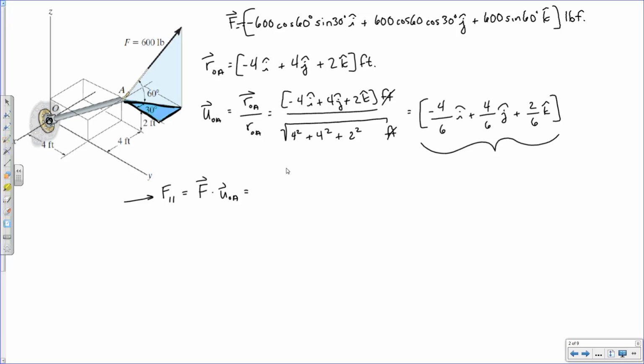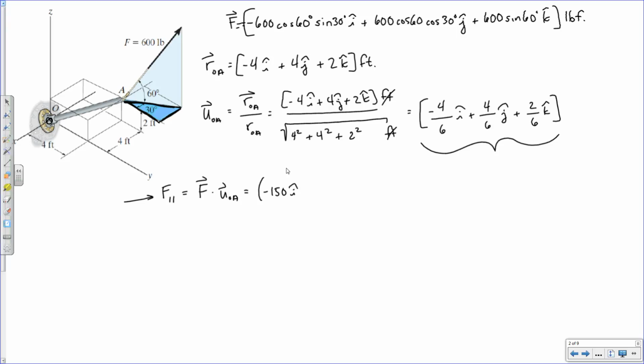So I'm going to reduce this. I'm going to punch this into my calculator. The force here is negative 600 times cosine 60 times sine of 30. That's going to be equal to negative 150 I hat.